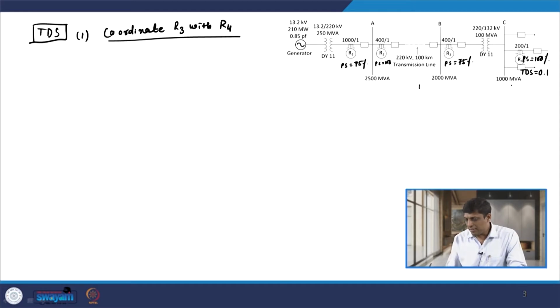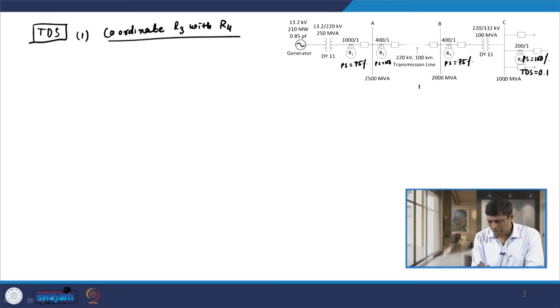Utilizing this 1000 MVA, we calculate the time of operation of relay R4, and then add a margin, known as the minimum coordination time. That gives the required time of operation of relay R3, from which we can find the time dial setting of R3. As you can see in the figure, between relay R3 and R4, at bus C, the fault level is given as 1000 MVA.